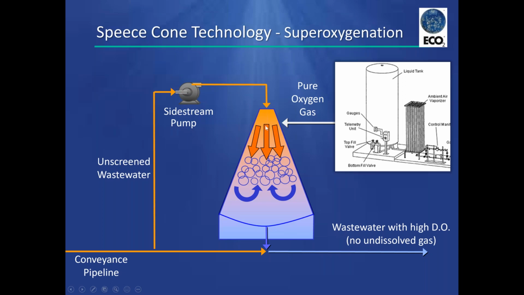The water is entering at a high velocity, and the oxygen gas is introduced at the top, and the water is breaking all the oxygen gas into smaller and smaller bubbles until the water leaving the cone has a velocity slower than the buoyancy velocity of the bubble. So the only way the oxygen is able to leave the cone is to dissolve. So that water with a high dissolved oxygen content is then discharged out of the cone and back into the pipe.